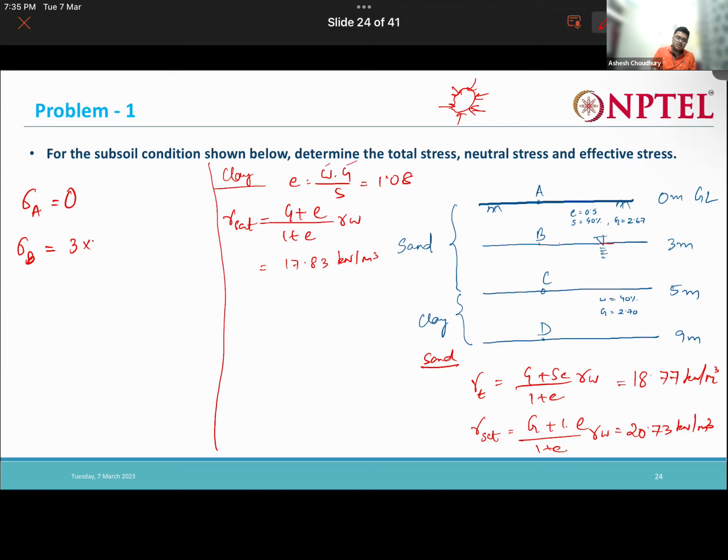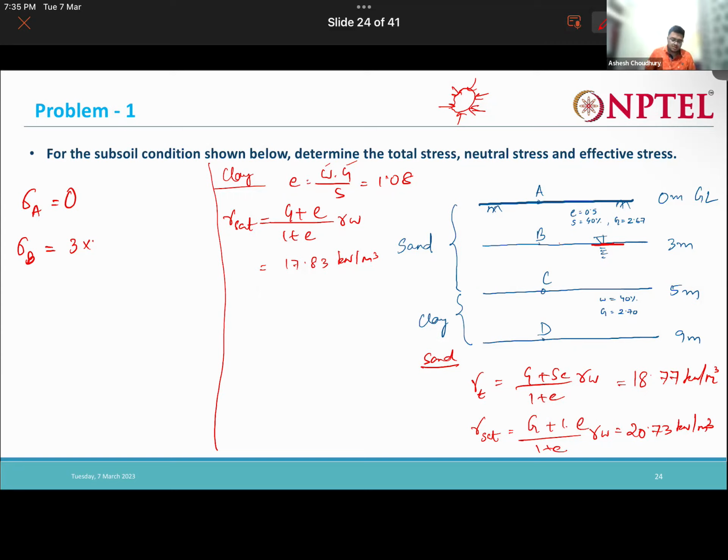So W I know, G I know, S will be equal to 1 because it's totally underwater, so saturated. This is my water table, completely saturated. Then I can find gamma saturated, which is 17.83.